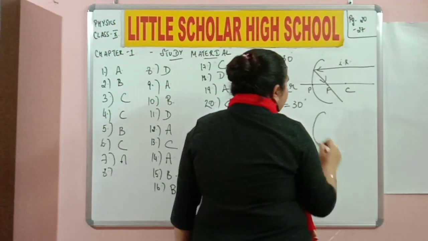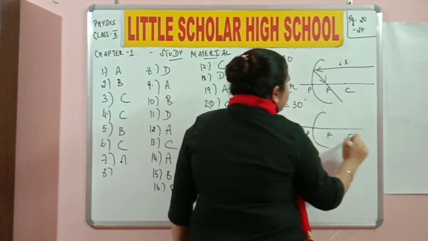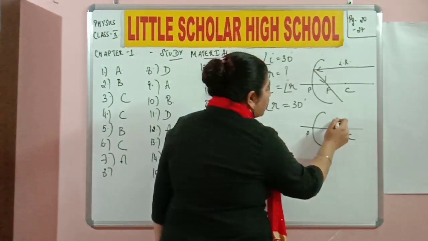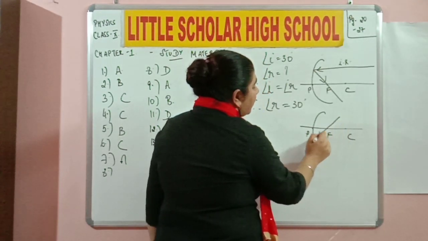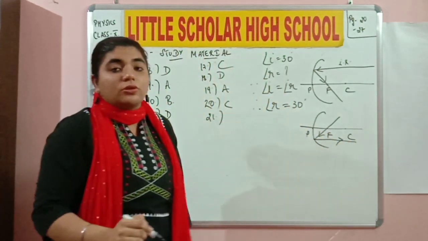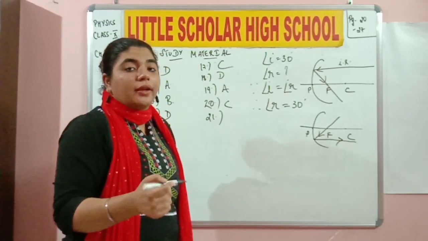What is the reverse? If this is the pole, this is the focus, this is the center of curvature, what does this mean? If a ray passes through the focus, then the reflected ray is going to be parallel to the principal axis. These were the two rules that we use to draw ray diagrams. Do you remember that?